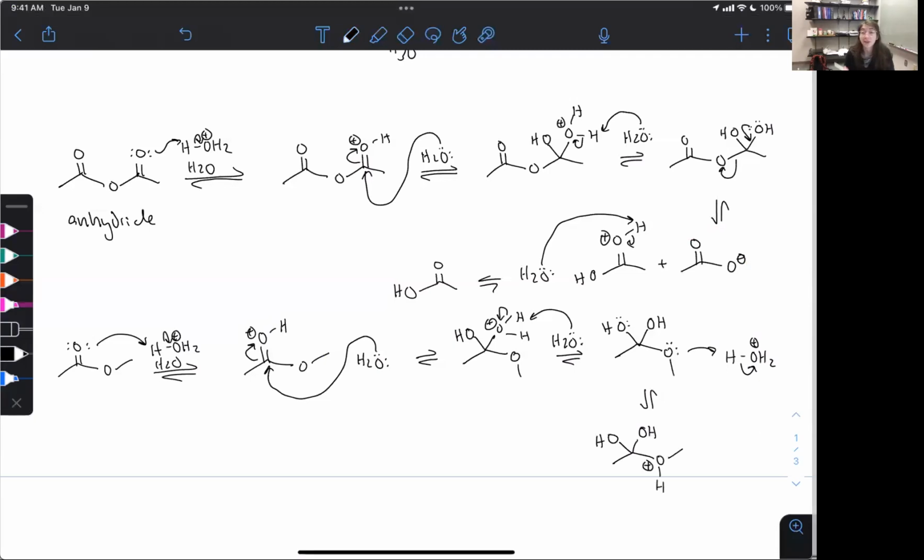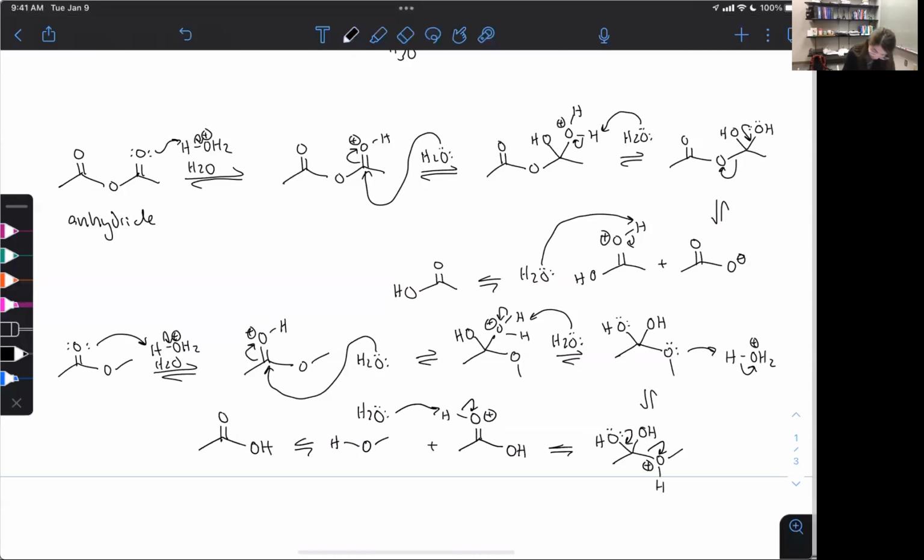Okay, so now we have it set up to be a nice leaving group, because once it leaves, it's going to be neutral. Okay, so we formed an alcohol in this process, and then we can go back, have our water come in, deprotonate that, and we get to our final carboxylic acid.